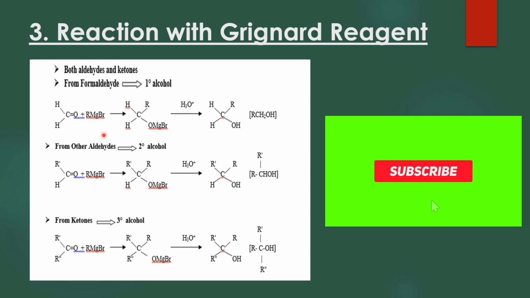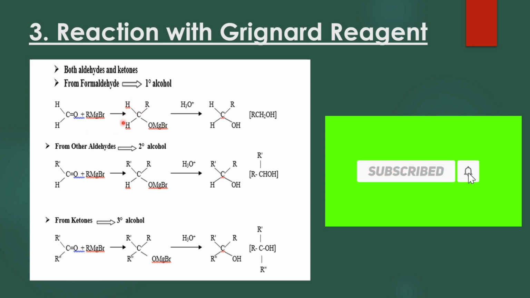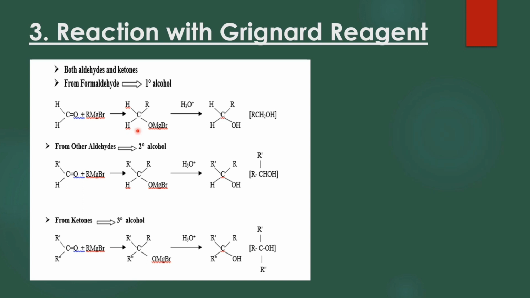As a result, nucleophilic addition takes place. Here R minus acts as a nucleophile, and in the second step, this compound is hydrolyzed with dilute acid to form alcohol.